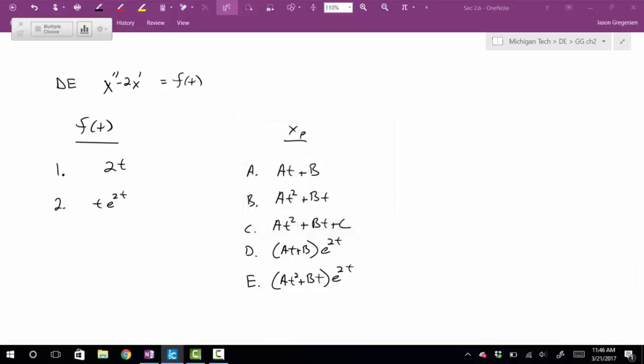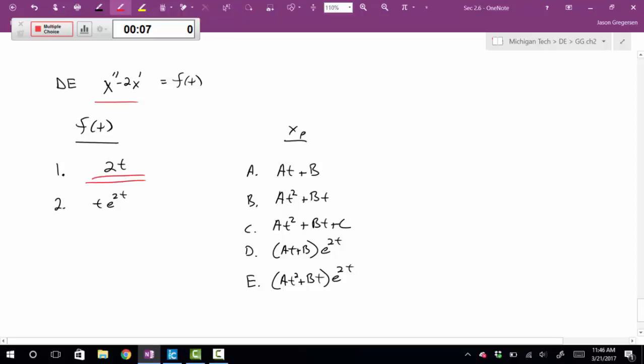There is the differential equation. x double prime minus 2x prime equals f of t. And the idea is, if f of t is 2t, what would your guess be? What would your guess be?